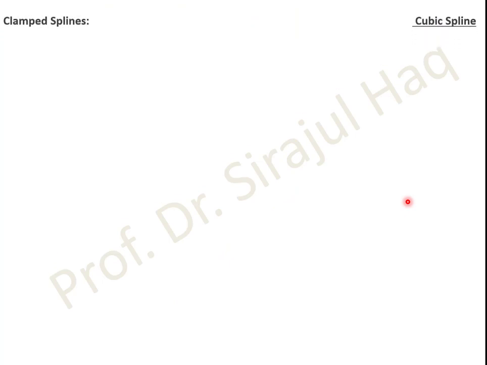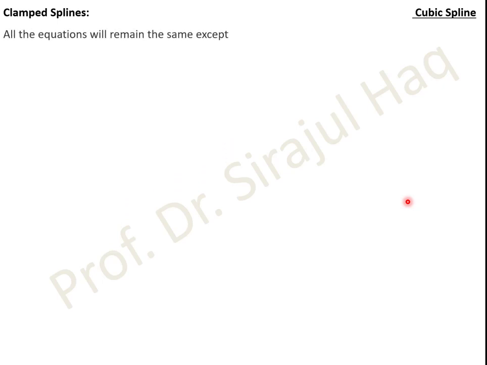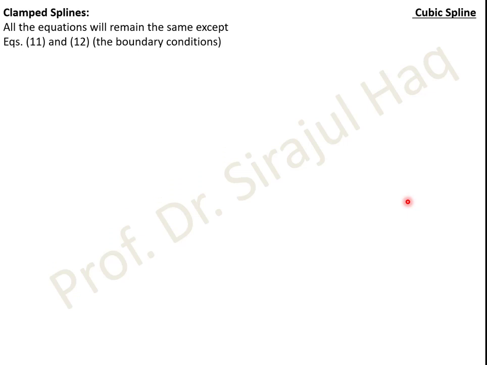The clamped splines. Remember, I told you about the last two equations in the previous case. The last two equations were coming from the natural free boundary conditions. With clamped boundary conditions, if you remember, there will be a change only in the boundary conditions. The rest of the system will be the same.